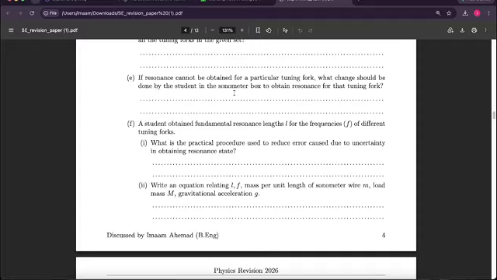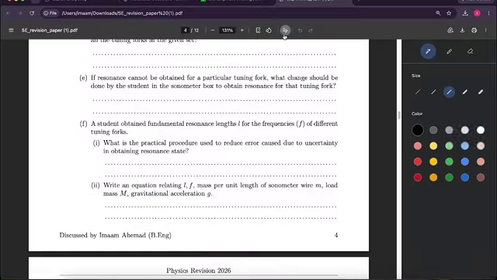If resonance cannot be obtained for a particular tuning fork, what change should be done by the student in the sonometer? Once again, this is opposite to the normal. We know that L is proportional to root of T. Why is he not able to take a reading? Maybe the resonating length is more than the possible length of the wire.